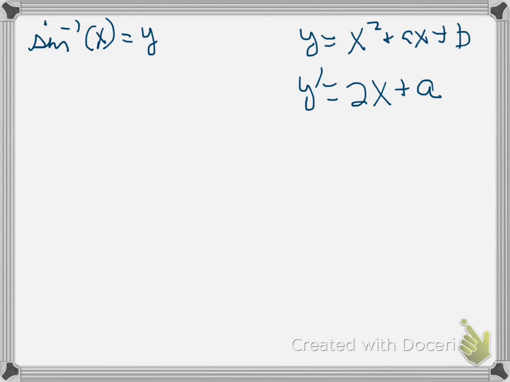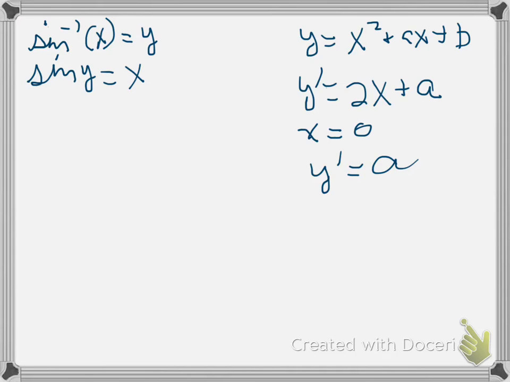2x plus a. Now, if we let x equals 0 here, we get y prime equals a. Over here, we're going to have the sine of y equals x. We take the derivative of each side, and we get the cosine of y times y prime equals 1.